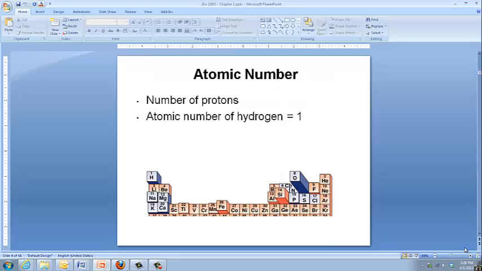If we look at our periodic table, as we have here in the second slide, we can see that the atomic number is depicted just above the symbol for the element. So if we start with hydrogen at the upper left-hand corner, we see that hydrogen has an atomic number of 1. That means it has 1 proton in the nucleus. Oxygen has an atomic number of 8. That means it has 8 protons. Carbon, 6, and so forth and so on.